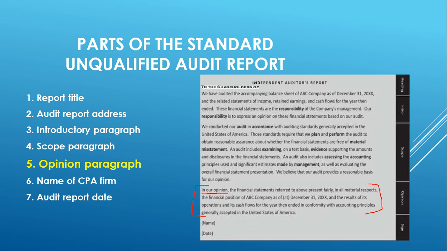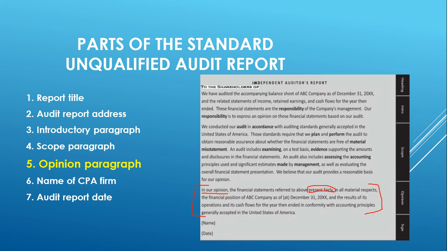The auditor wants to express an opinion on the financial statements. In our opinion, the financial statements referred to above present fairly. This is the important word in the opinion.